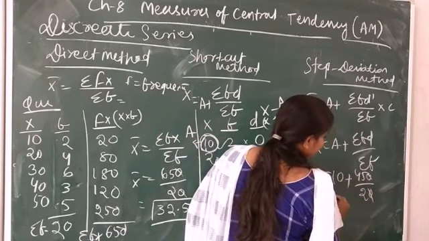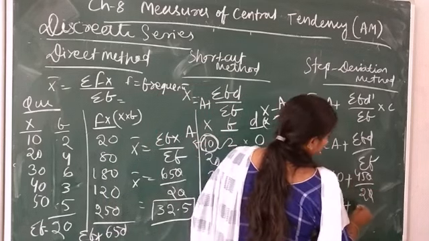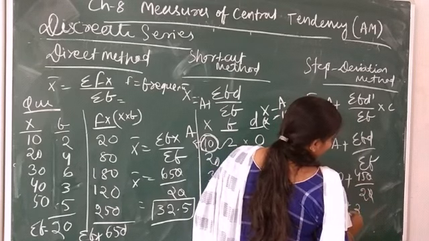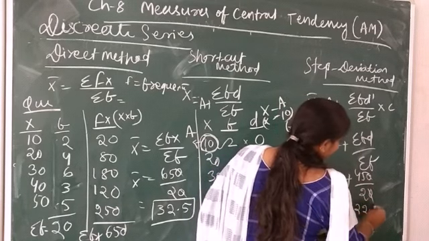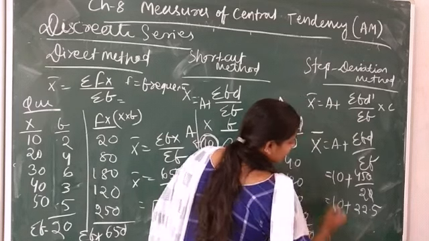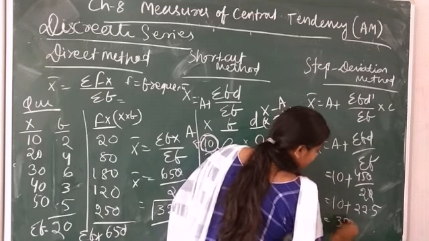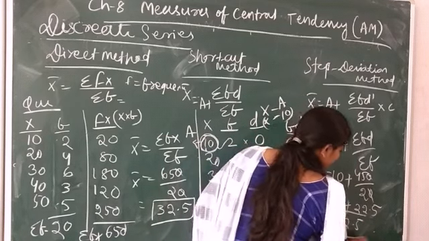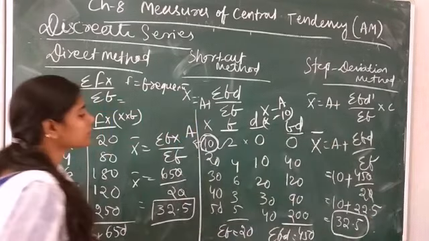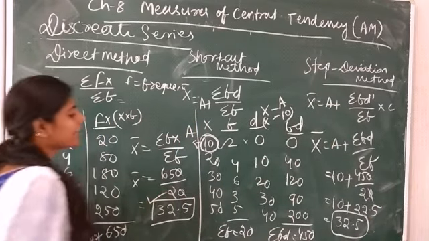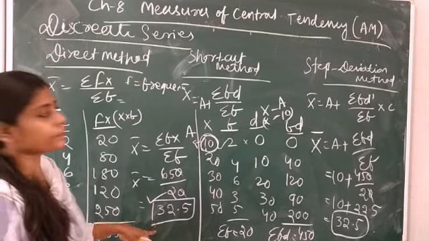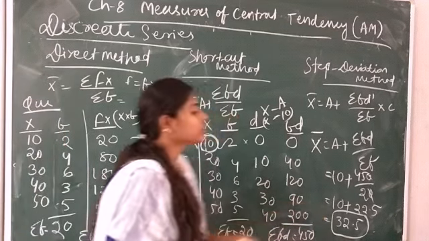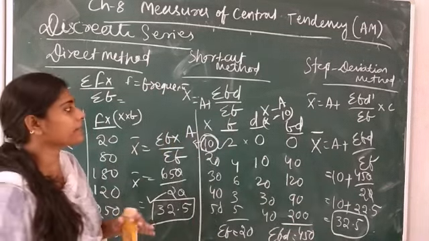So 0 0 cancel and 10 plus 22.5, and the answer will be 32.5. In the direct method the answer is 32.5 and in the shortcut method the answer is the same, that is 32.5.